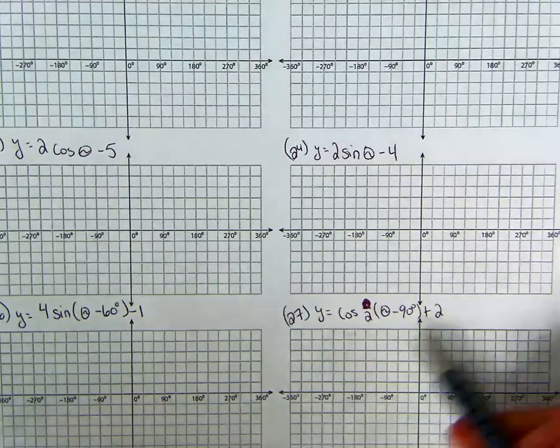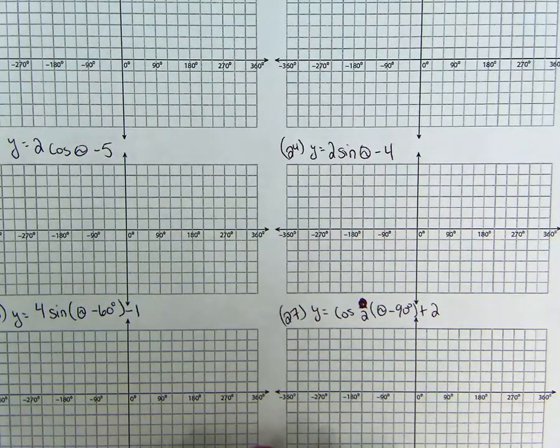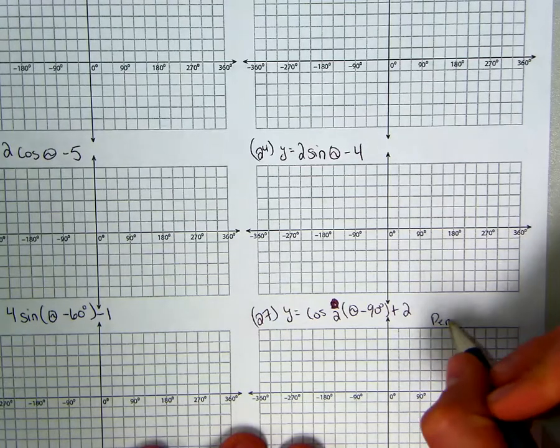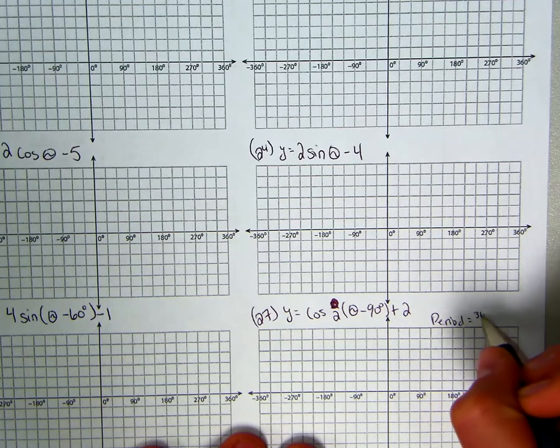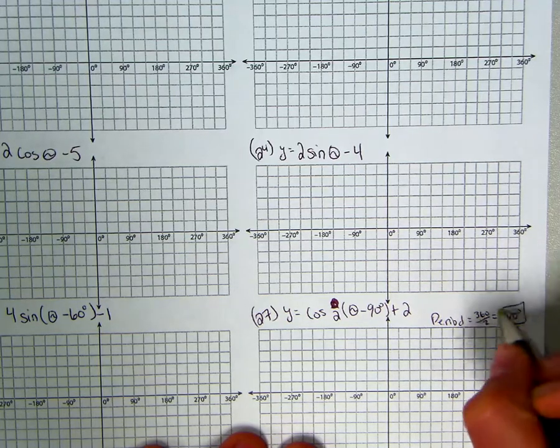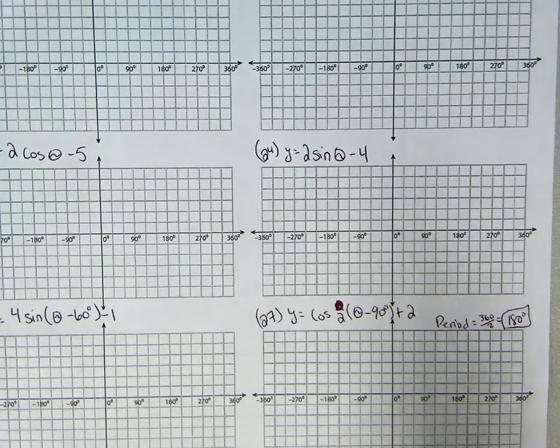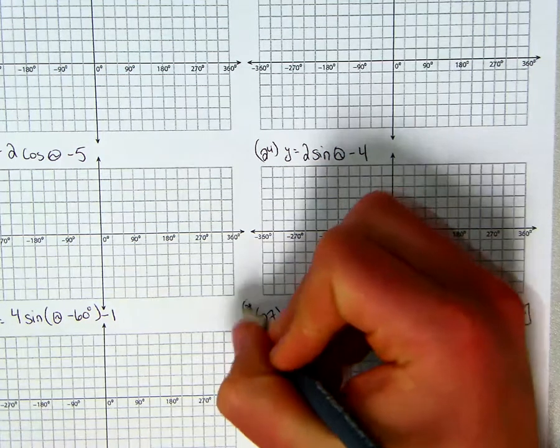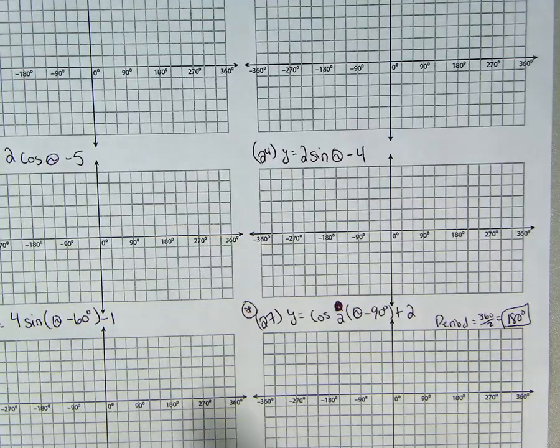So this is going to be the only one in your homework where your period is 360 divided by 2, which is 180 degrees. So that cycle is going to get smaller. The length is getting smaller. It's not going to be 360 degrees. It's going to be 180. So that's going to be one of the more special ones.